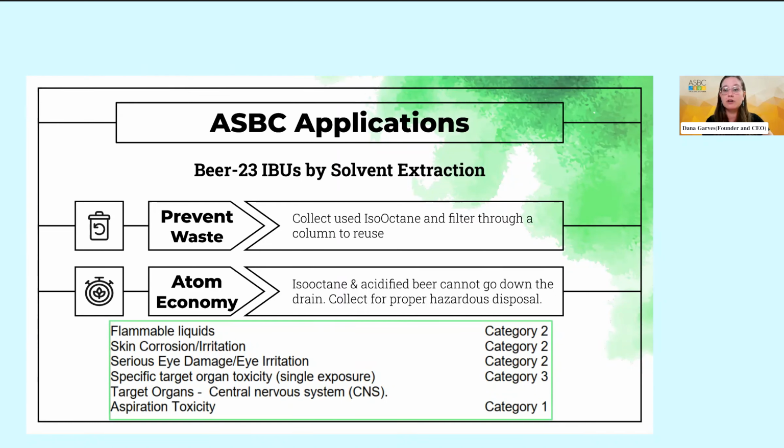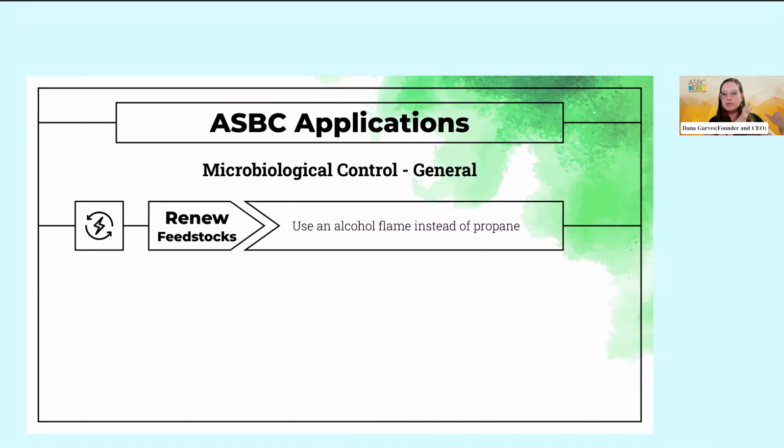We're going to switch gears and go from the chemical assays and look at a few micro assays. Just in general, when you are doing microbiological control methods, a lot of people have a flame nearby in order to create a more sterile environment. When you are using a flame, please consider switching away from natural gas or propane and use an alcohol flame instead, right?